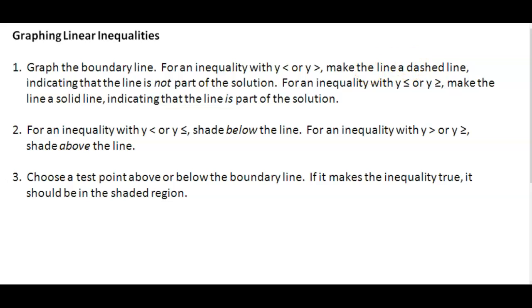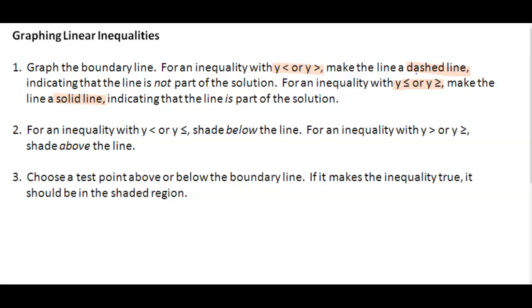determine if the line is dashed or solid, and you determine that by looking at the y inequality. So if the inequality is less than or greater than, it's dashed. If the inequality is greater than or equal to or less than or equal to, then it is solid. So the equals tells you solid, no equals tells you dash.